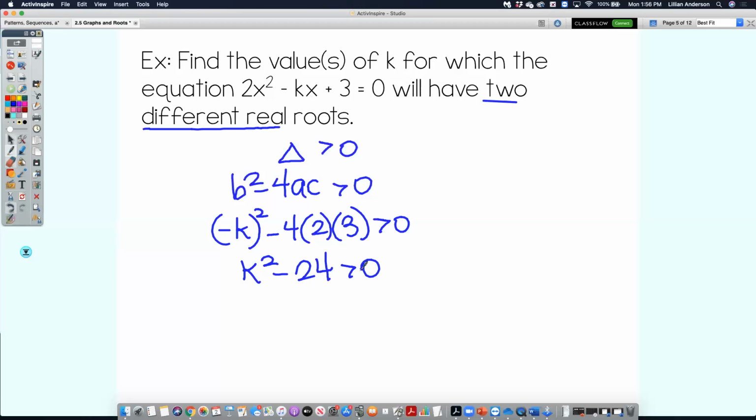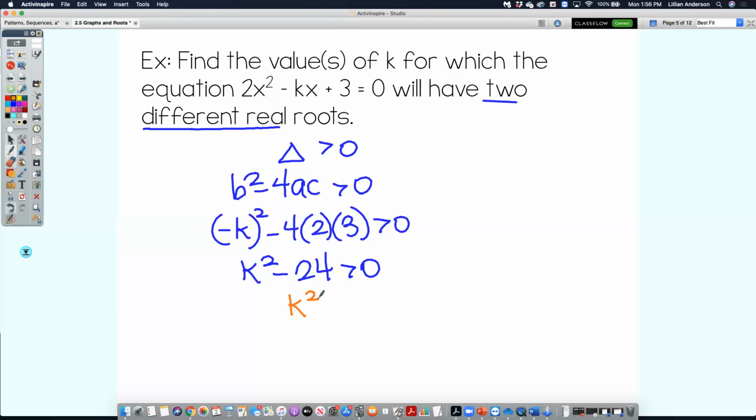The way I kind of do it is I remember that this is an inequality, and I'm essentially going to solve for k like I would if it were an equation. So I'm going to change my color so that I can keep in mind that this is an inequality, not an equation. But I'm going to treat it like an equation to solve for k.